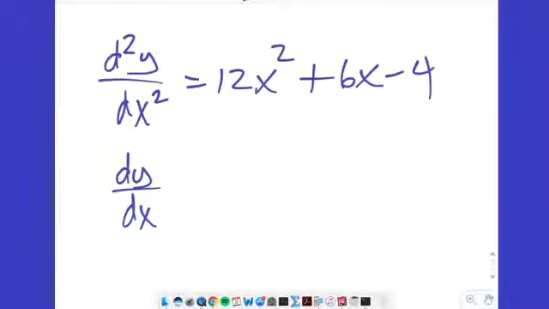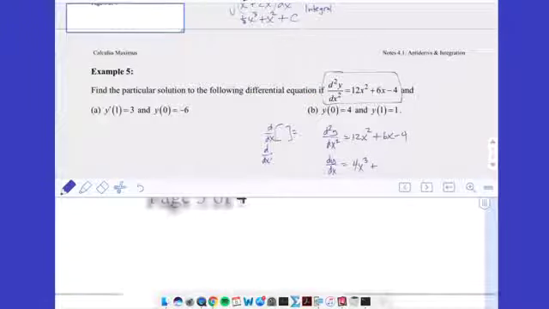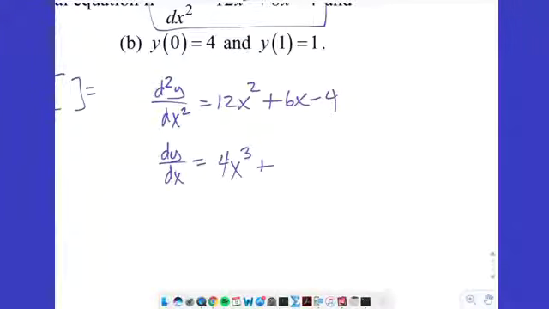Yeah, I should have had another derivative in that integrand. That's okay if you do it like that. And then 12x squared becomes 4x cubed. Again, you can do it in your head. Start with the exponent: 2 plus 1 is 3. Divide by 3. 12 over 3 is 4. Plus 6x, when you find the antiderivative, becomes 3x squared. Minus 4 becomes 4x, and then plus c.